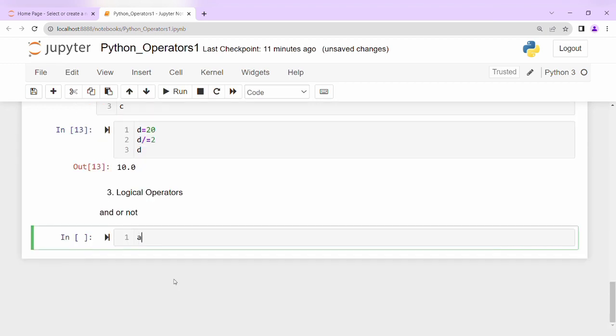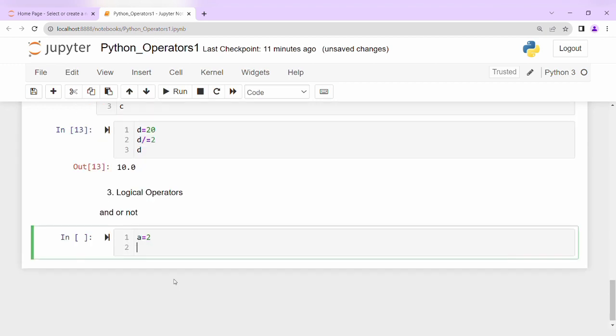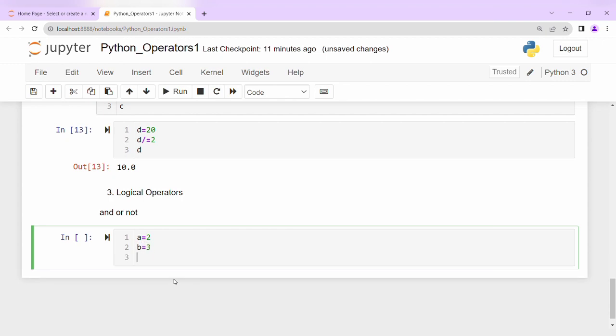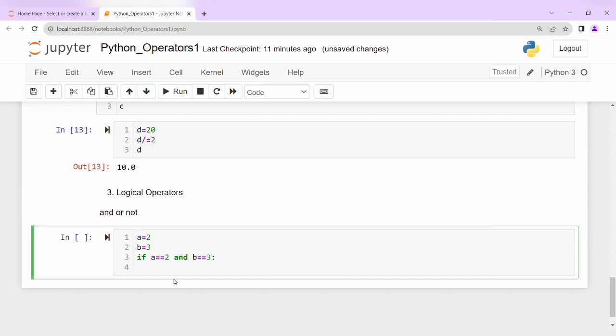For example, a is equal to 2 and b is equal to 3. So write a condition: if a is equal to 2 and, here we have to use and as a logical operator, b is equal to 3. If both conditions are satisfied, then print both are correct.